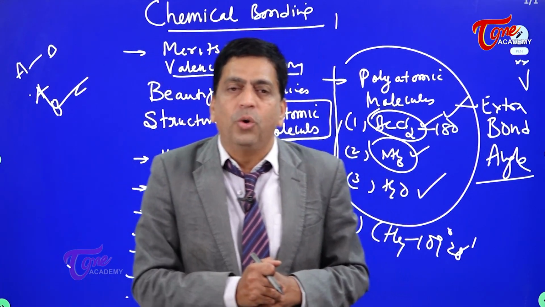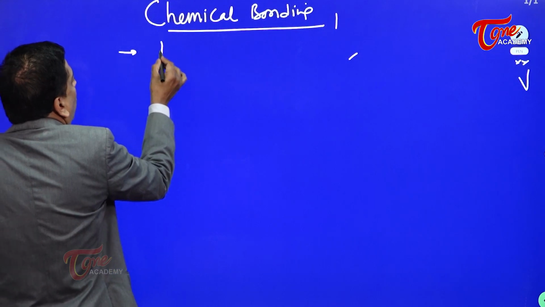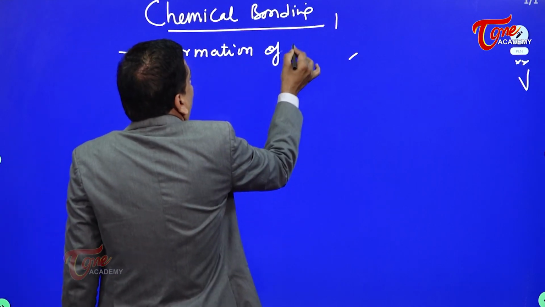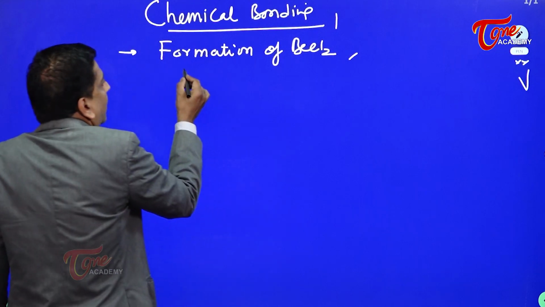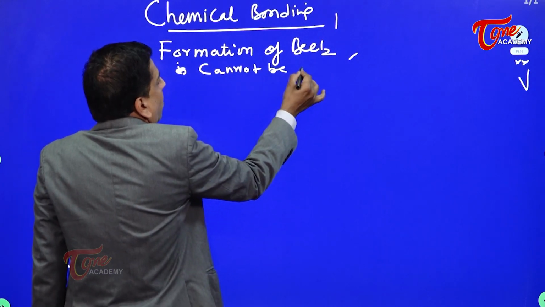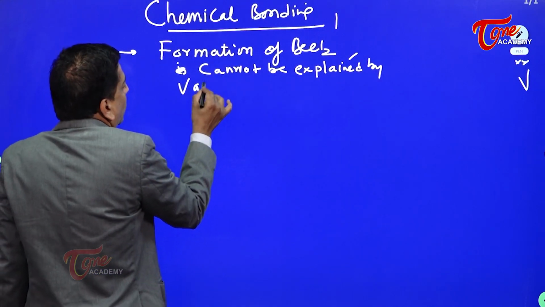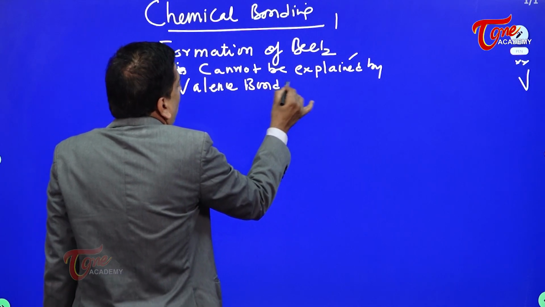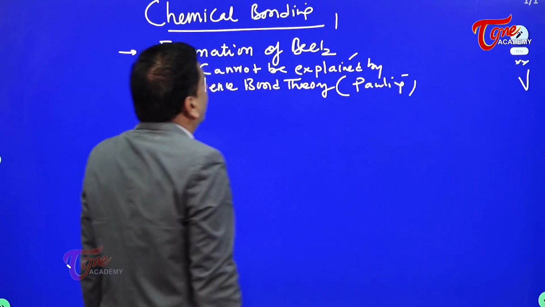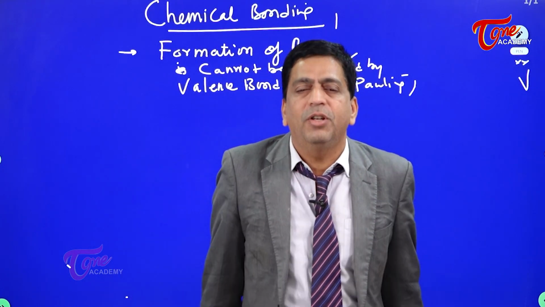And I'll tell you one miserable failure of the valence bond theory. Observe carefully here. The formation of beryllium chloride cannot be explained through the valence bond theory proposed by Linus Pauling.